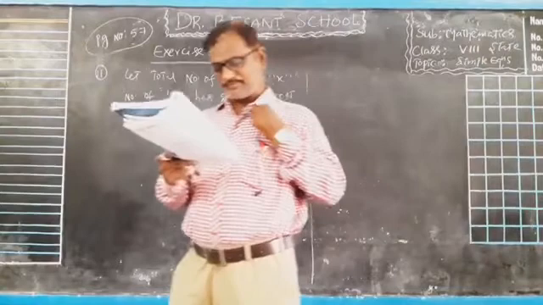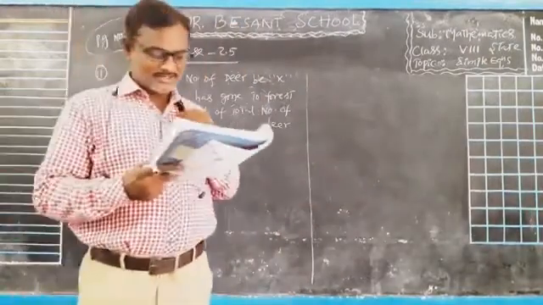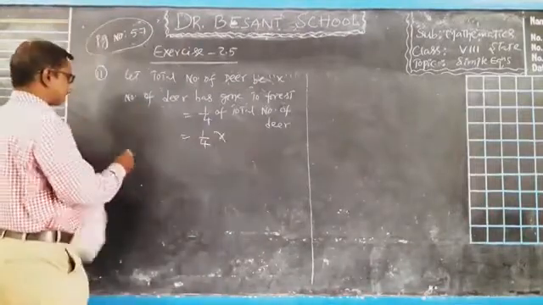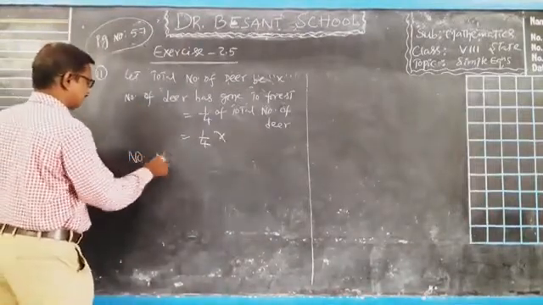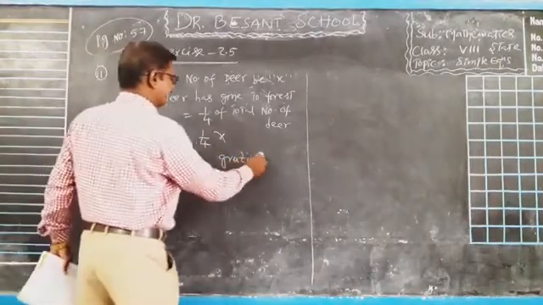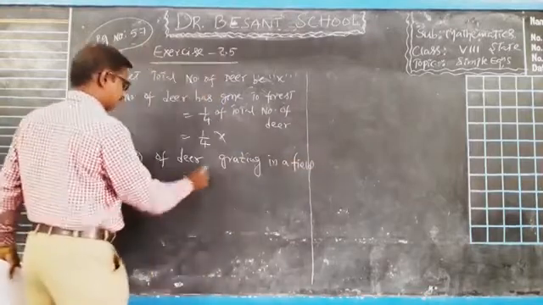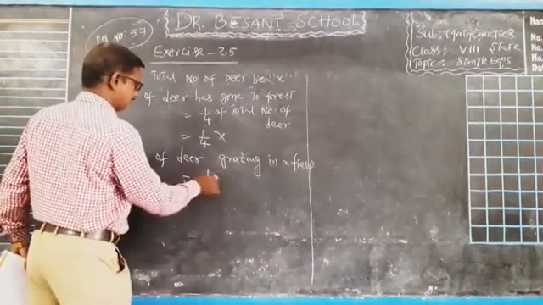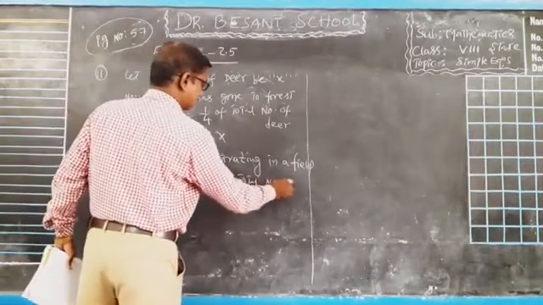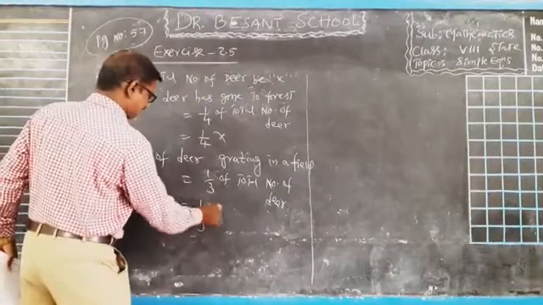And the number of deer grazing in the field is equal to 1/3 of the total number of deer, that is 1 by 3 into x.